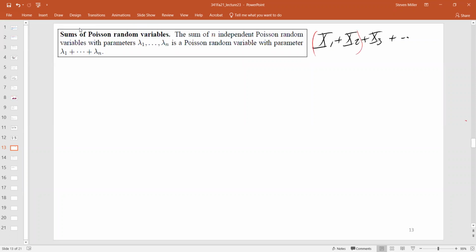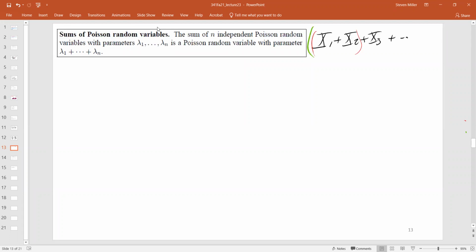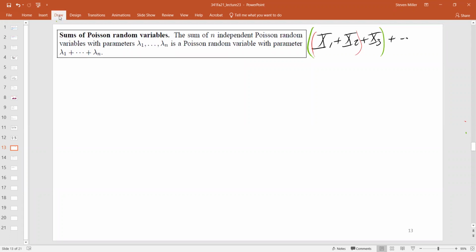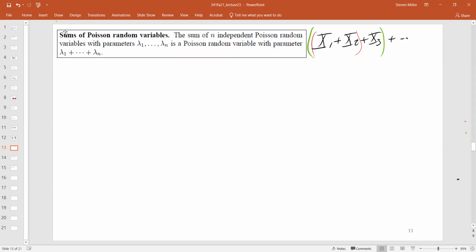I first group x1 and x2, and then building on that success, I would then group that with x3, and so on and so on. So we've done this argument numerous times. If you can show that the sum of any two Poisson is Poisson, where you add the parameters, you just keep doing it again and again. x1 plus x2 gives you a Poisson with parameter lambda 1 plus lambda 2. You then add x3, you get lambda 1 plus lambda 2 plus lambda 3. And so you just march down by grouping, you march down by induction. So we just have to do one special case.